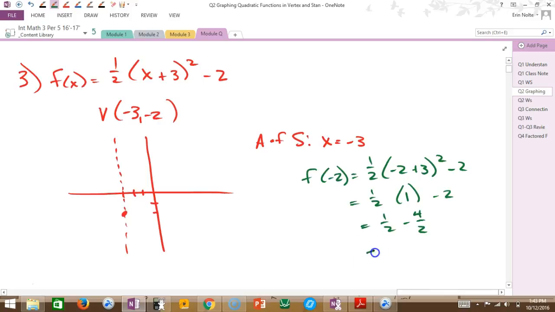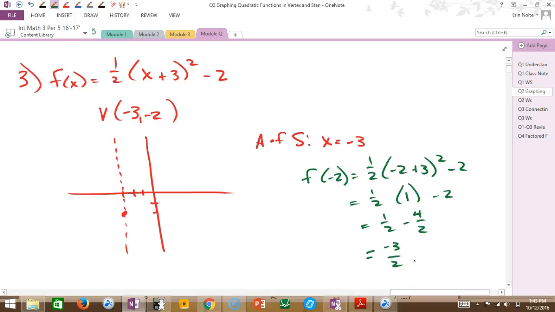Why would you do 4 halves? Just because I like to play with fractions, and that's really easy conversion. 2 is the same as 4/2, and then I have a common denominator, and that makes -3 halves.